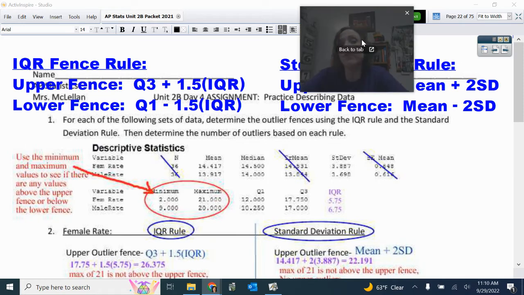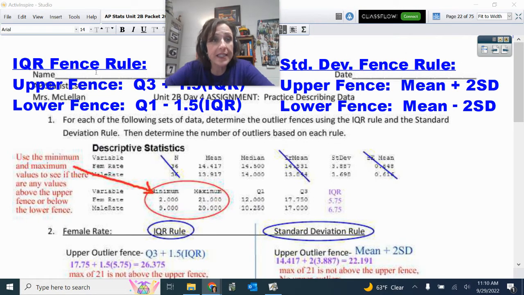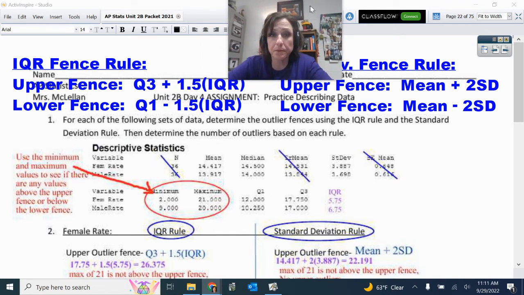So you know this information from our lesson yesterday about the two different types of fence rules and outlier borders. So any data above the upper fence or below the lower fence are outliers.